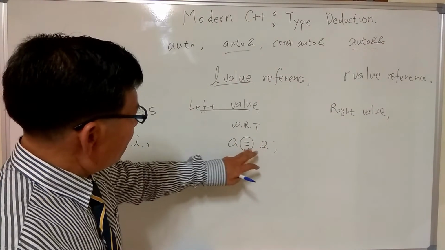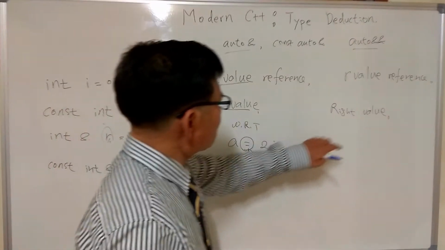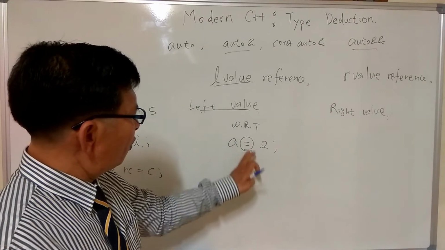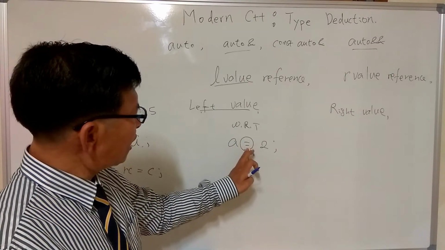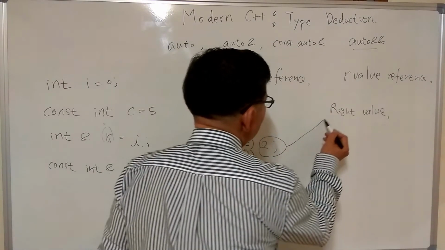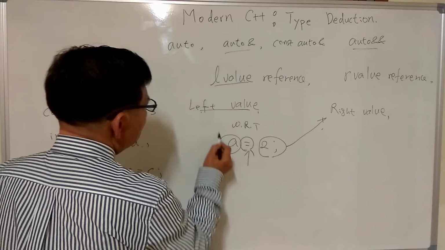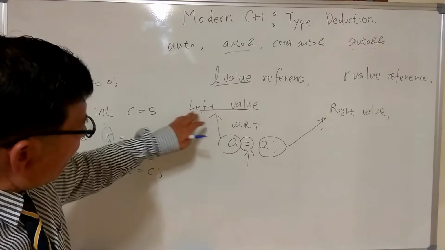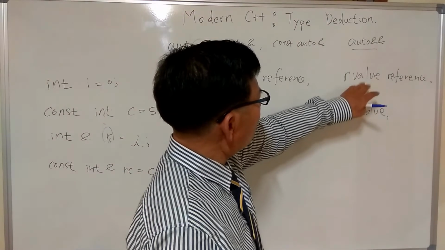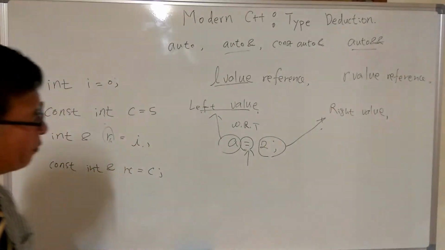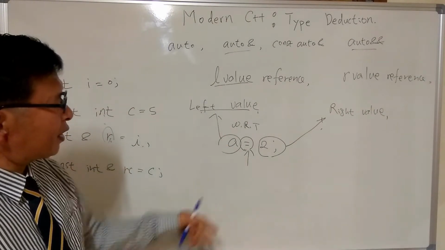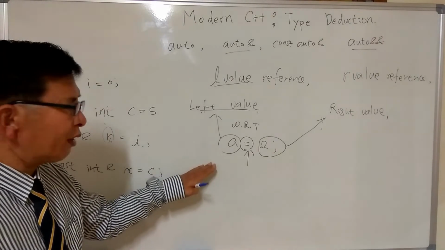And 2 is on the right hand side of the assignment operator. So this value is called R value. This value is called left value, or L value. This is called right value, or R value. But this is not correct. This is intuitive but not correct.